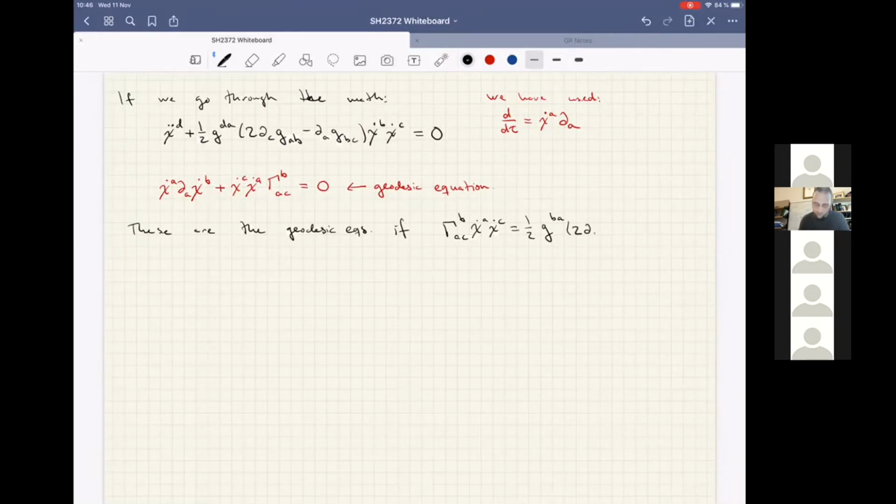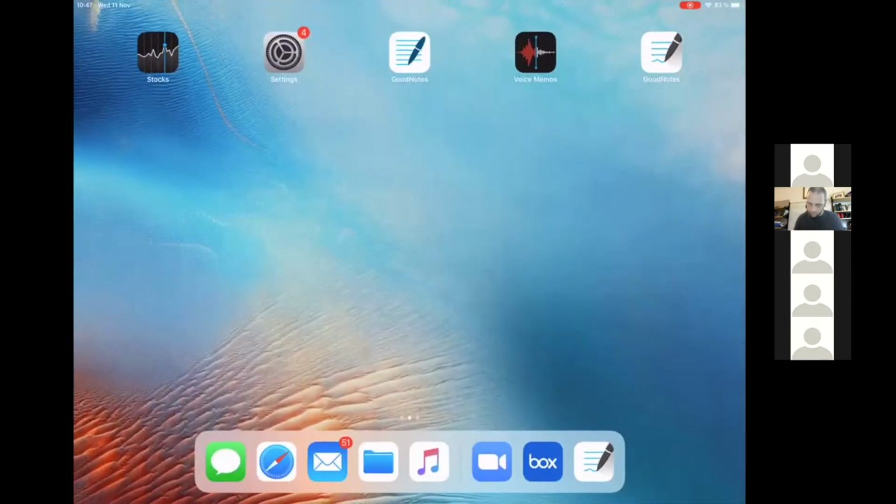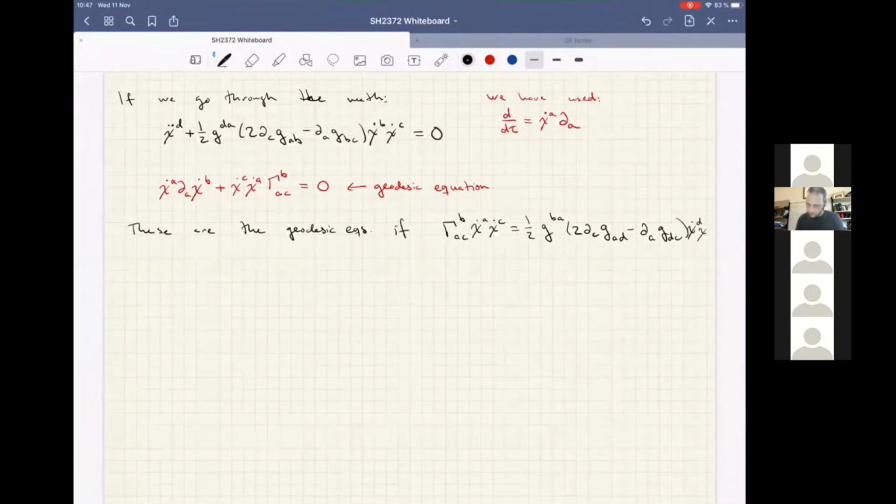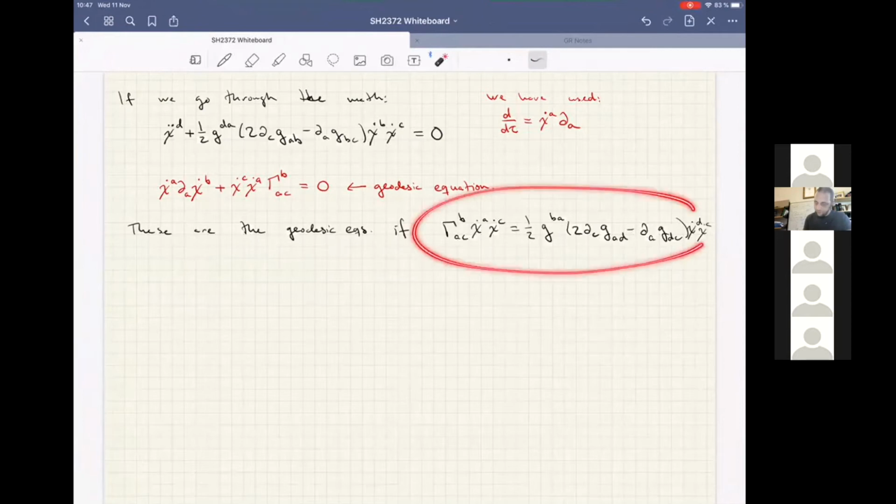So 2 ∂_C g_{AD} minus ∂_A g_{DC} chi dot D, oops, sorry, chi dot C. So if this is true, then we have the geodesic equations.